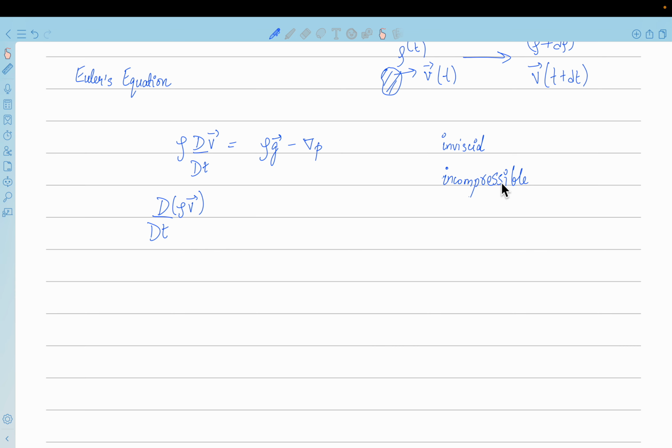Now we also know what the total derivative is. Total derivative d by dt is nothing but dou by dou t plus v dot grad operating on whatever is the function. If we have a function or a vector, in this case we have the velocity vector.